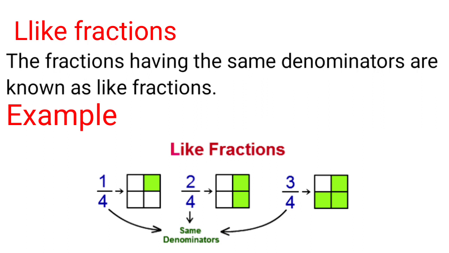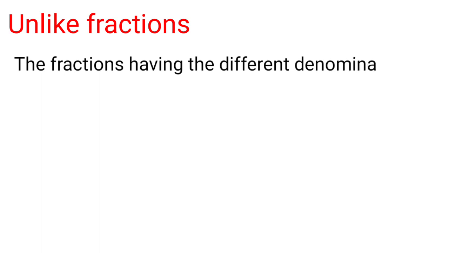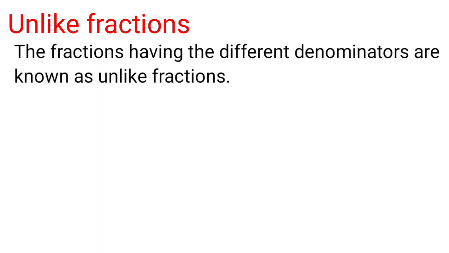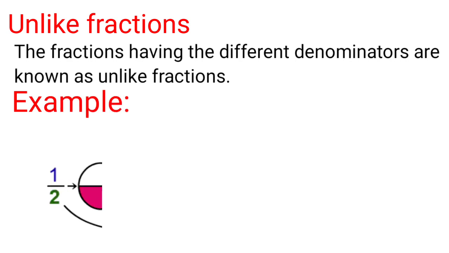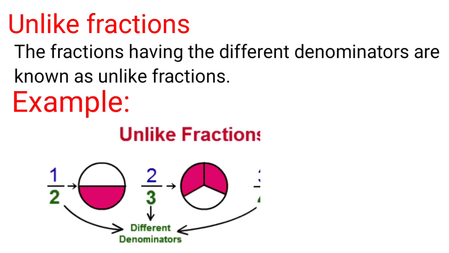So these are like fractions. Next one, unlike fractions. Fractions having different denominators are known as unlike fractions. For example, 1 by 2, 2 by 3, 3 by 4. Here the denominators are different. So these are known as unlike fractions.